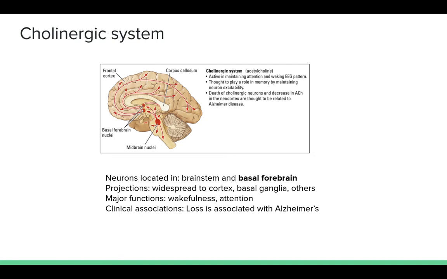It projects widely to the cortex and to the basal ganglia, as well as a few other regions. Their major functions seem to be in modulating states of wakefulness or arousal, as well as our attention, our ability to attend to specific stimuli in the world. And clinically, the loss of these neurons or the loss of cholinergic signaling is associated with Alzheimer's disease.